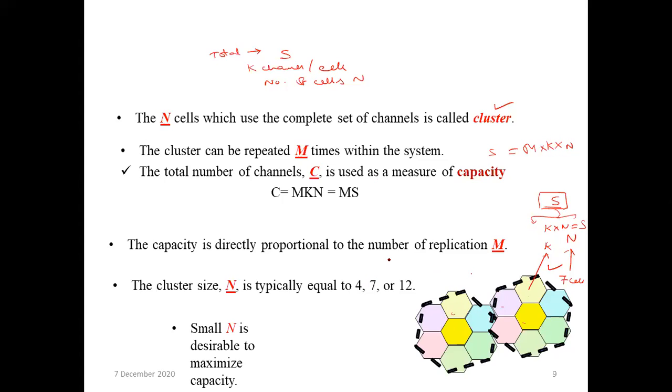So this is the coverage capacity. You can see how the capacity is getting multiplied. Originally I have only k into n, but it is multiplied by m. This many times my channel capacity is increased. This is what m, k, n are, because kn is nothing but your S. So the capacity is directly proportional to the number of replications, meaning how many clusters I can use.